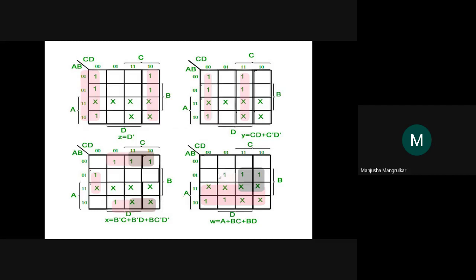Now the third group: here B is common, but C changes and D is the same. So the term is BD. So W equals A plus BC plus BD. These equations form W, which is the MSB of excess-3.